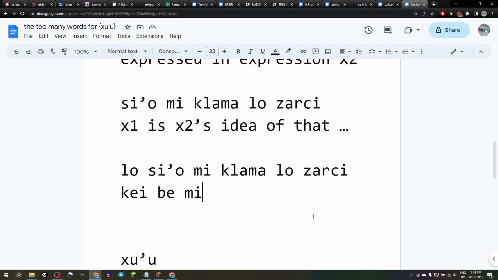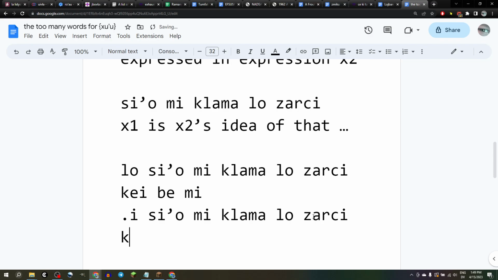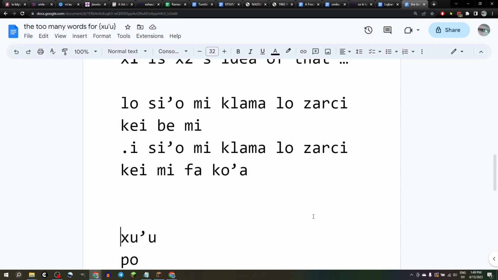If it's the main verb in the sentence, we can say siho miklama lo zarshike mi, or fe mi, that just puts it into there, right? Or fa koha, if x1 is the idea. All right, so that's just a normal verb. You can use it in a sentence, but that's a weird sentence. Sometimes that happens.